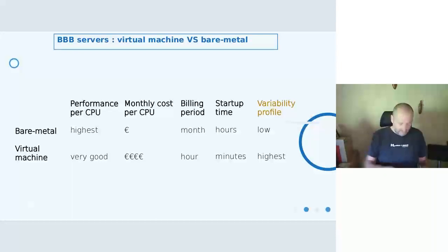The answers are bare metal, virtual machine, and the last one will be I have no idea. Please answer this tiny poll.